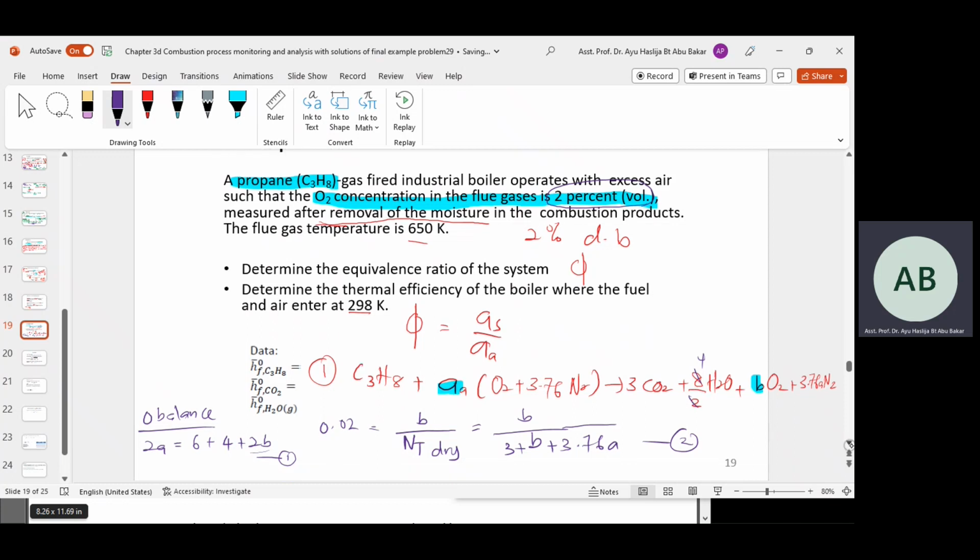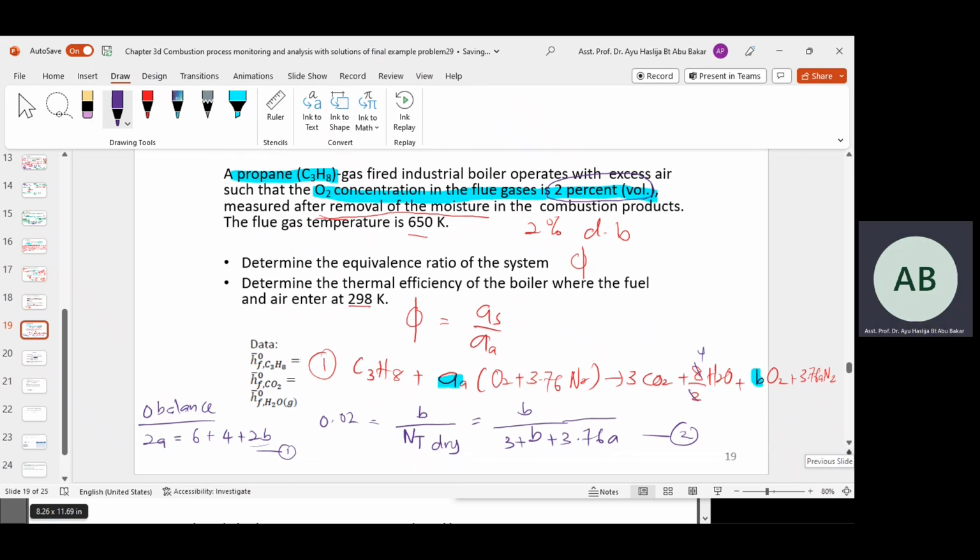So combine them, you will get what is A and B. Up to that, any question?